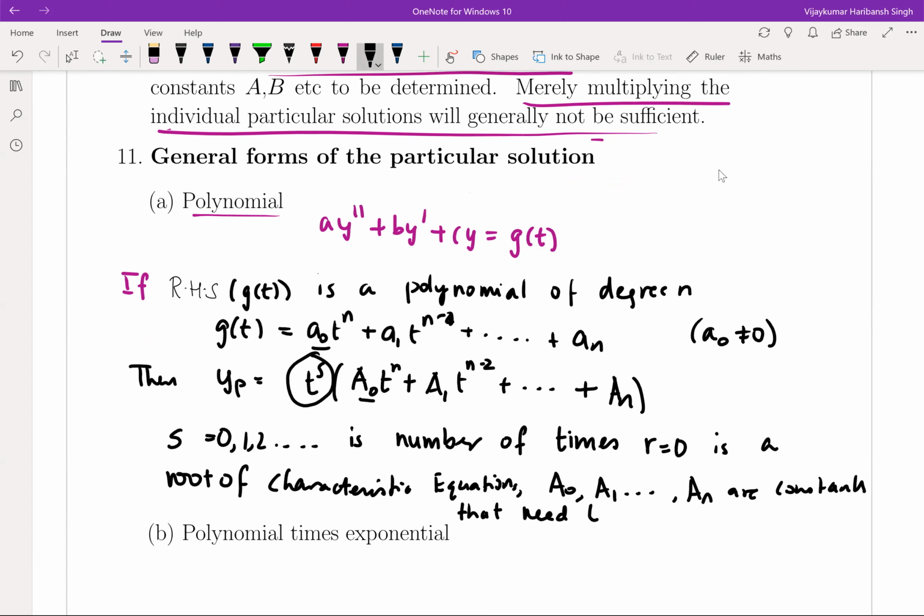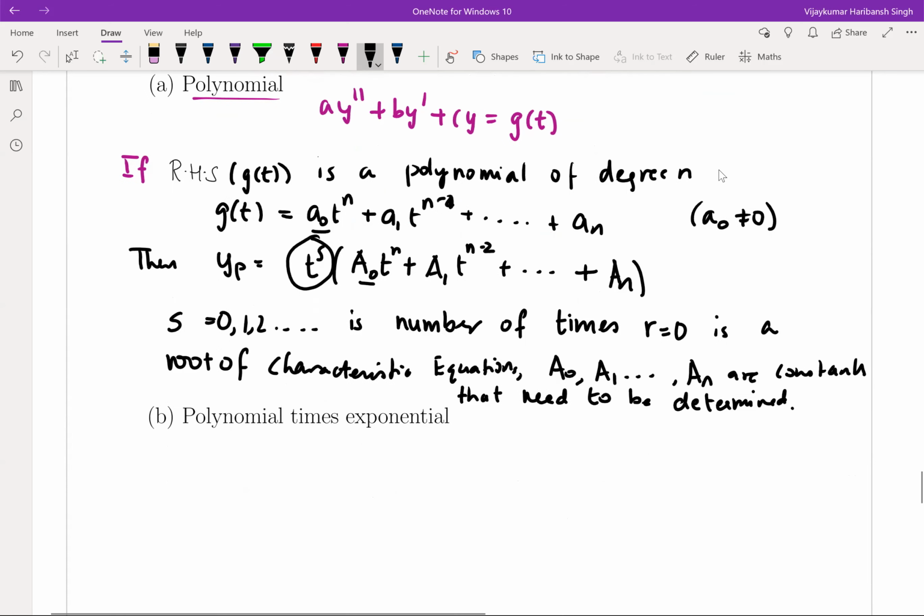However, this implies if r equals 0 is not a root of the characteristic equation, then s is going to be 0. Okay, just to keep that in mind.